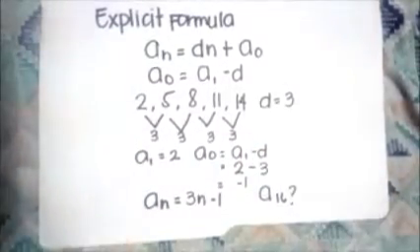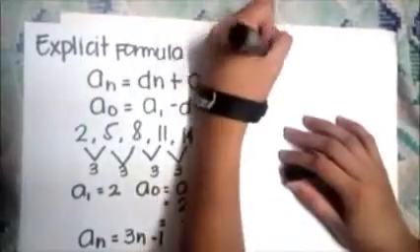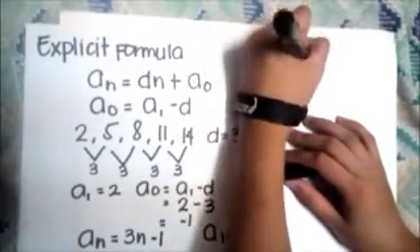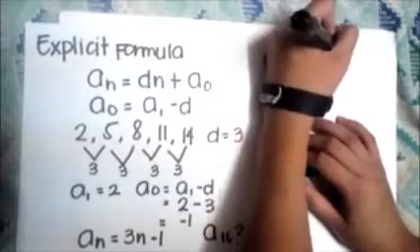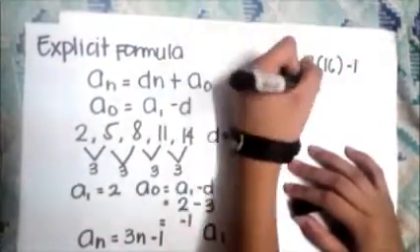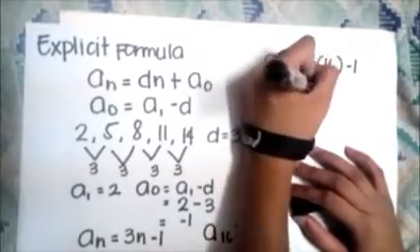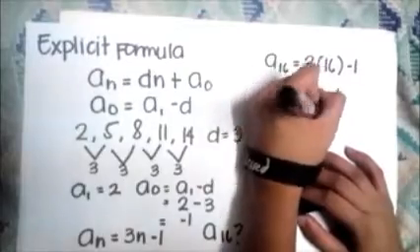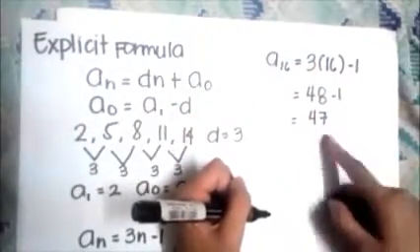Let's try. So, a sub 16 is equal to 3 times 16 minus 1. So, 16 times 3 is 48 minus 1 is equal to 47. So, a sub 16 is 47.